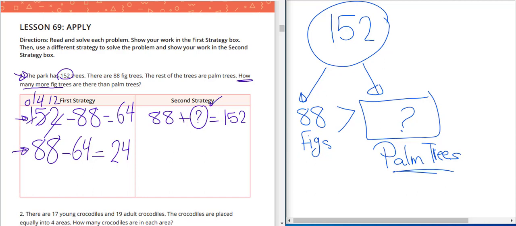Then the same steps: 88 minus 64 equals 24, and we can use the same strategy in the first step. So we can say 64 plus what equals 88, and get 24 here.